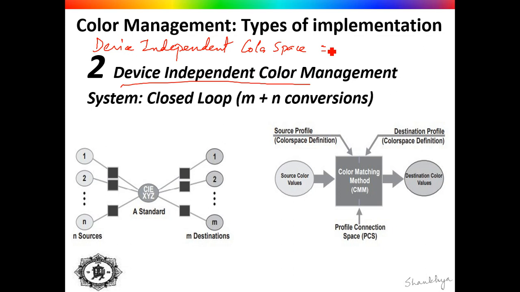So they are absolute values, they do not change for devices, manufacturers, or any viewing platform. One example of such a device independent color space is XYZ, as I already mentioned, and also LAB, and there are so many others.